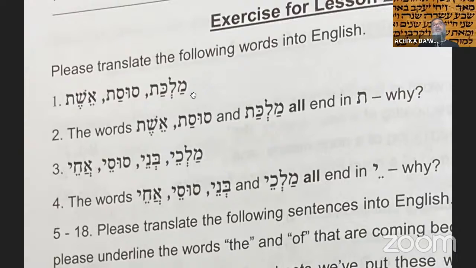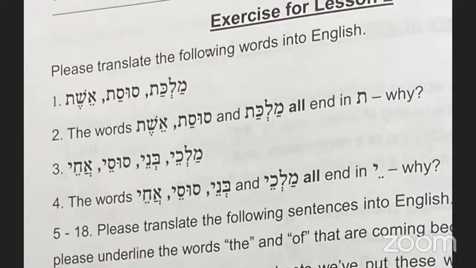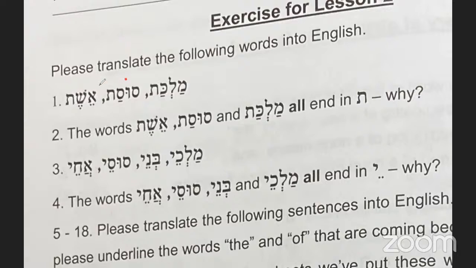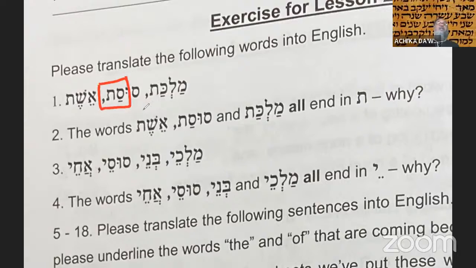So the Malka is a queen, okay? And the Susath is, what? What's the Susath? Female horse. There it is. Is it singular or plural? This right here is what?